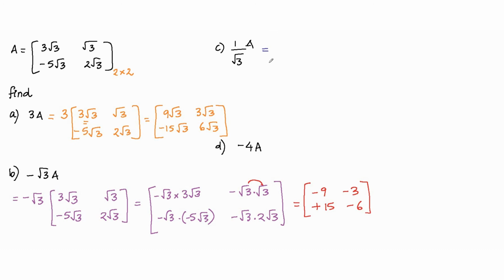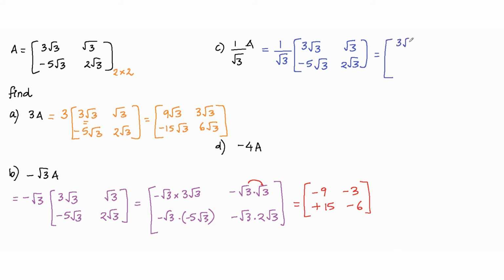Let us now continue with the C subpart, which is 1 by root 3 times A. So 1 by root 3 times A becomes 1 by root 3 times 3 root 3, root 3, minus 5 root 3 and 2 root 3. So what I'm going to do is I'm going to multiply 1 by root 3 with each element.